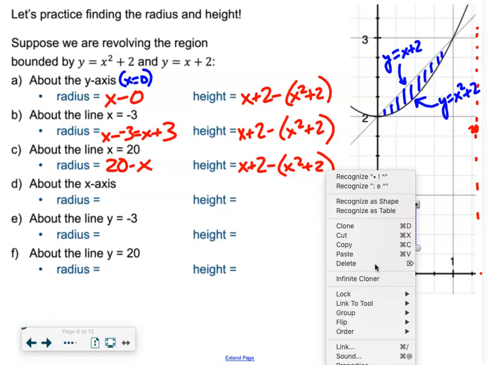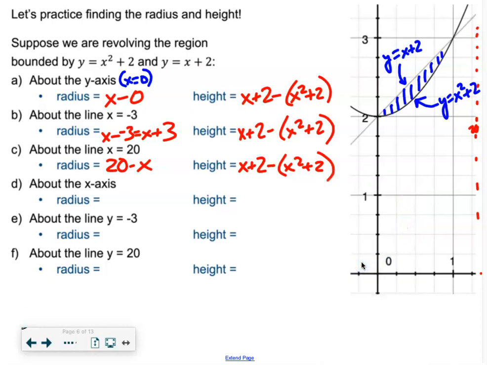If we're revolving about the x-axis, here's the x-axis, there's the region, and here's our shell, pretend it's a really big shell that goes all the way down and all the way back up. So there's our radius. What's that distance? That distance is y. It's y minus 0, the letter y minus the axis, top minus bottom, so it's y minus 0.